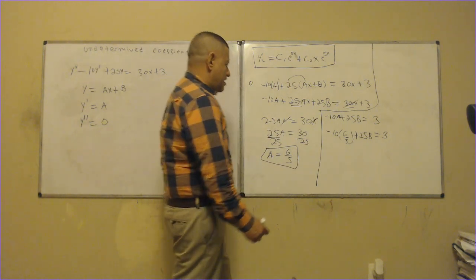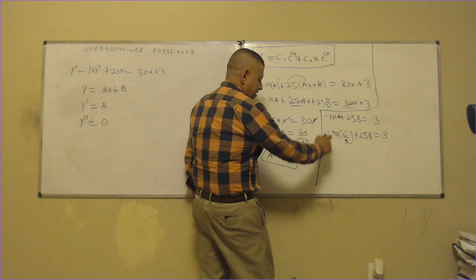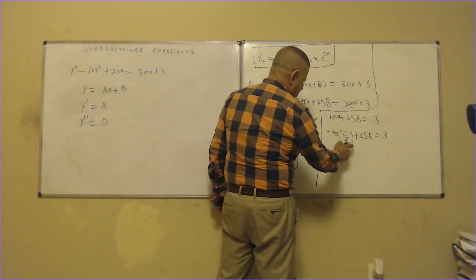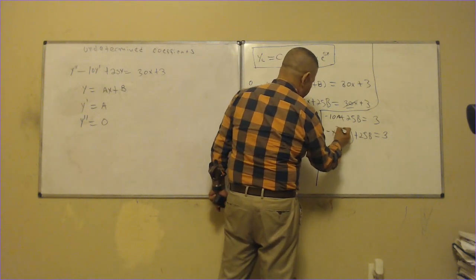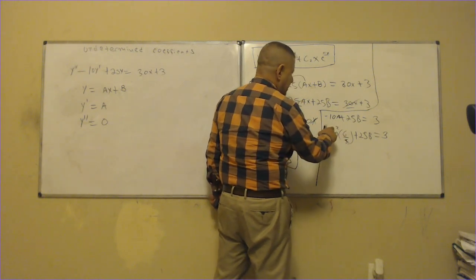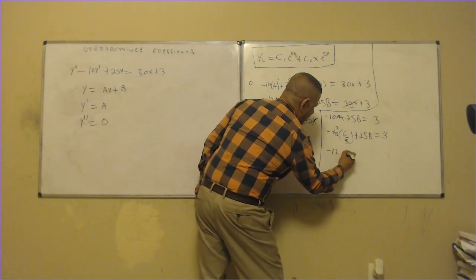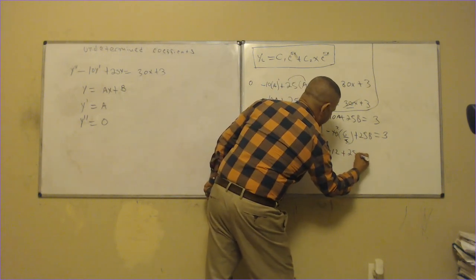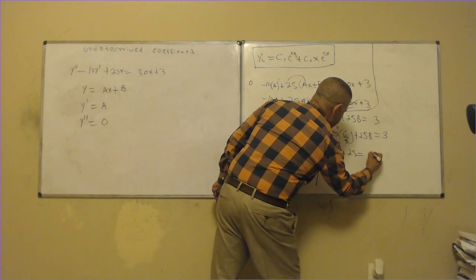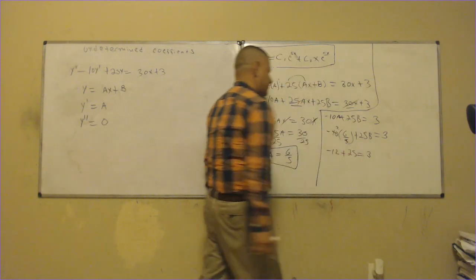This cancels by 2. This cancels by 1. So I have 2 right here, and I multiply this time with this and take that negative into account. I get minus 12 plus 25b is equal to 3.